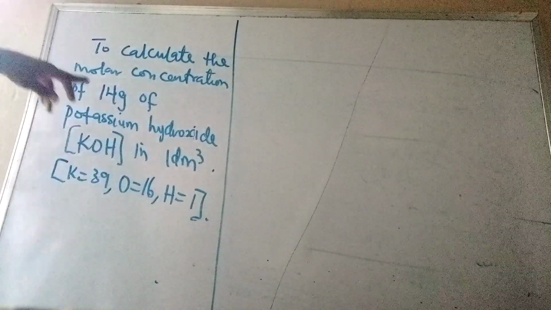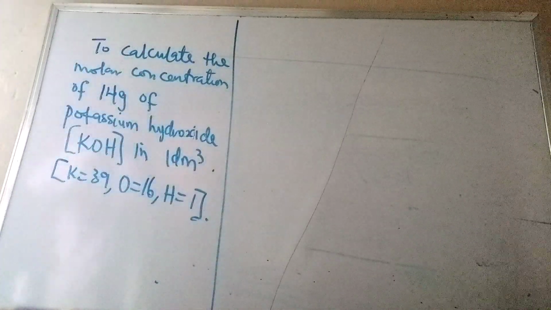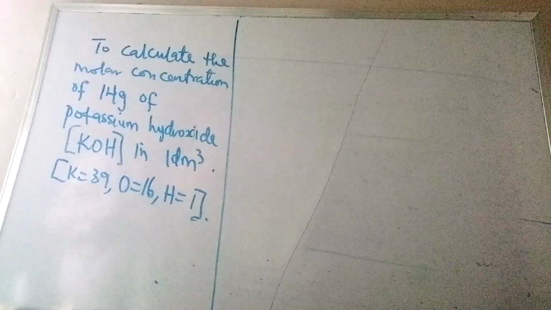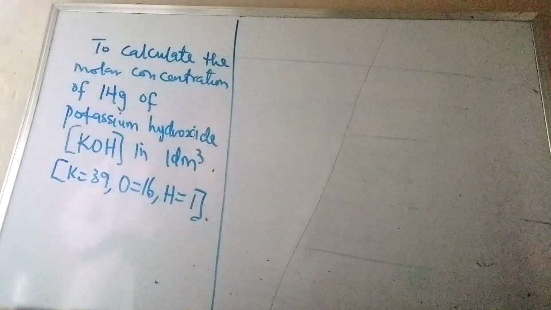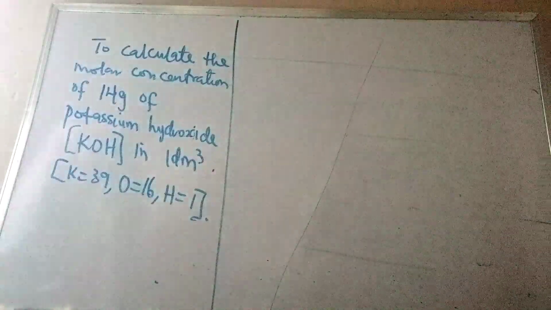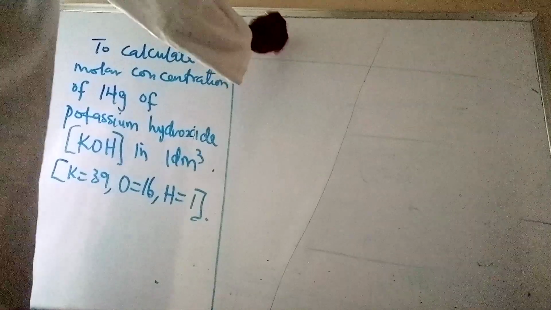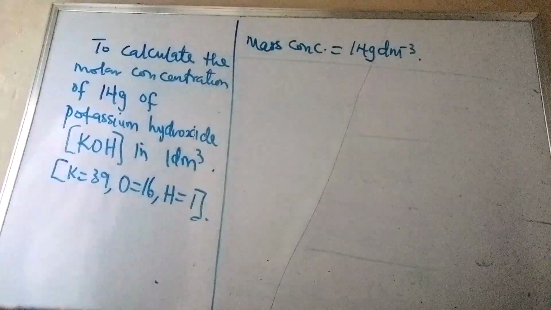Now, 14 grams in 1 dm cube means 14 grams per dm cube. Therefore, that represents the mass concentration of potassium hydroxide. So we are given mass concentration, which is 14 grams per dm cube.